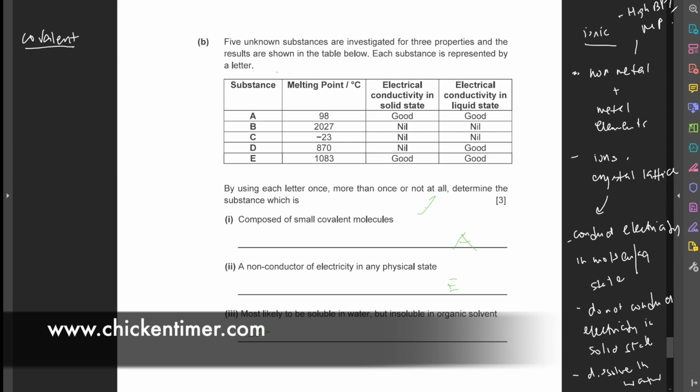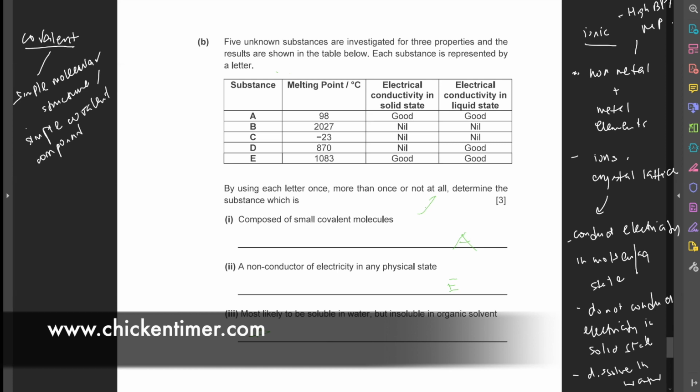Then for covalent compound, there are two types. There is the simple molecular structure, or simple covalent compound, they call it. This is the one you learn.